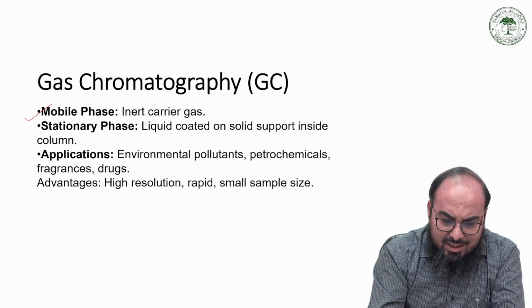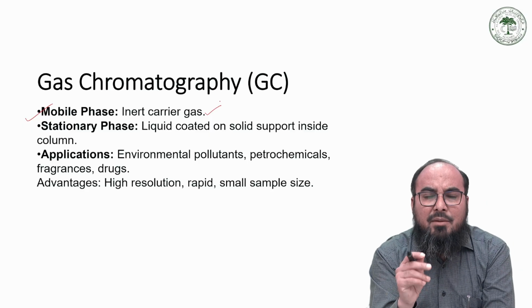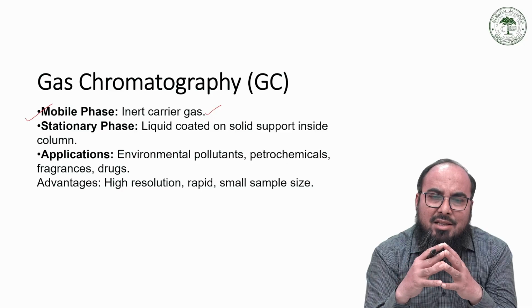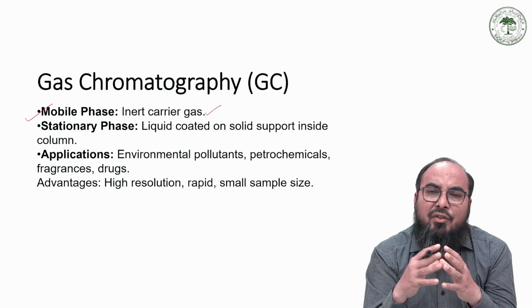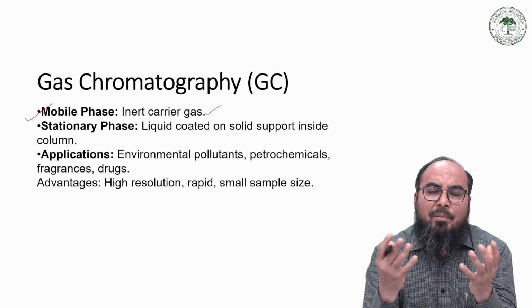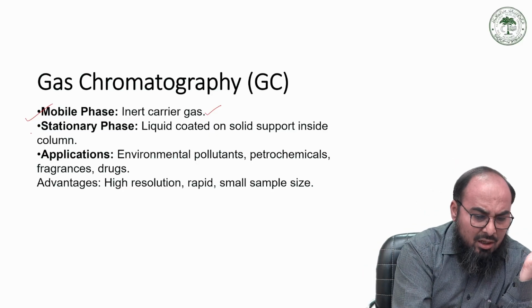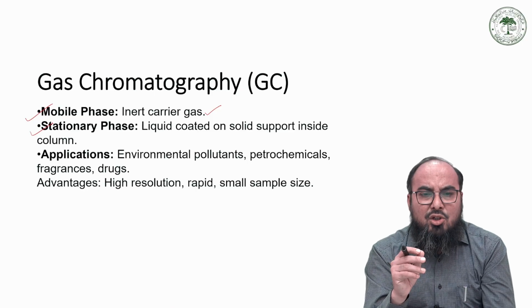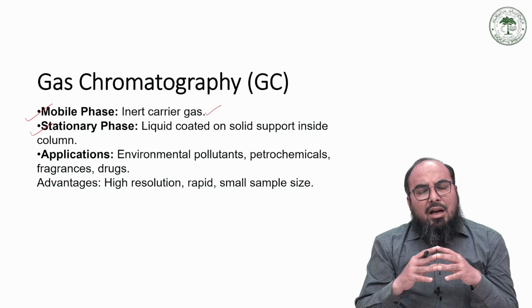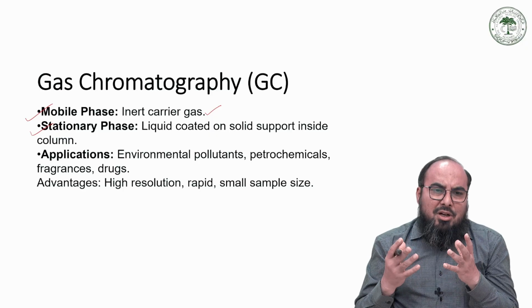So the mobile phase only acts as a carrier and it must be inert, because if it is not inert, it may react with the different constituents of the mixture, and that leads to improper separation. Similarly, in gas chromatography, you coat your stationary phase with a certain liquid, and then the separation occurs.